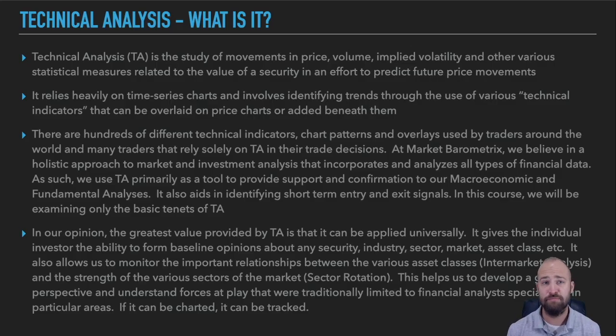We'll also use it to compare and contrast the relative performance of various asset classes or stocks in relation to each other or in relation to the sector or industry that they're in. So generally speaking, we're going to be using technical analysis to evaluate performance in a variety of ways.